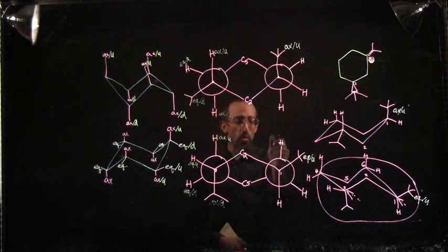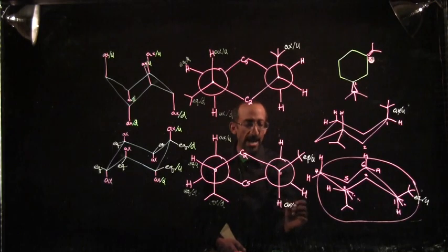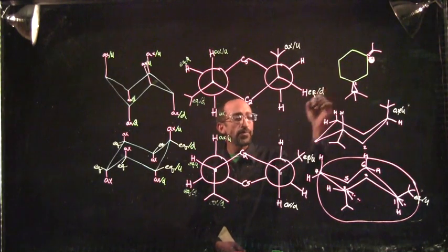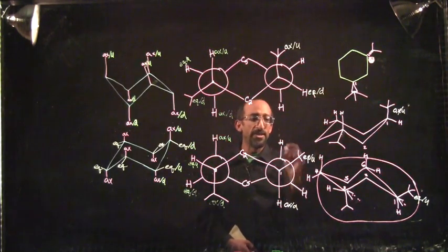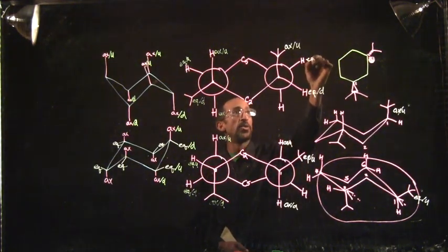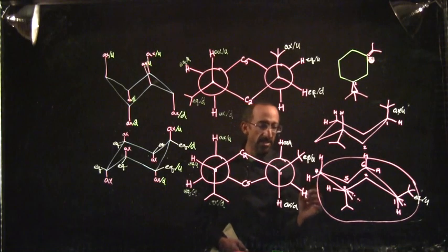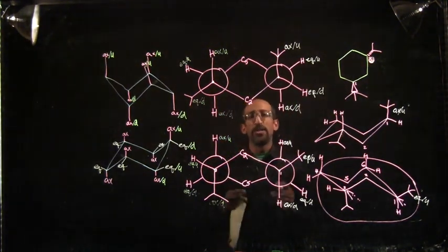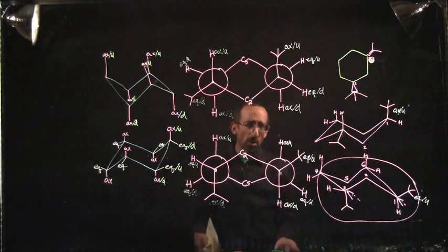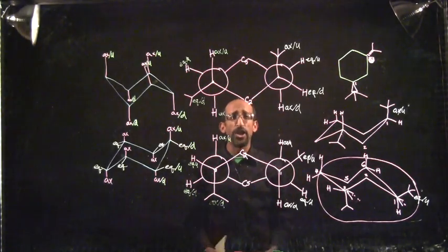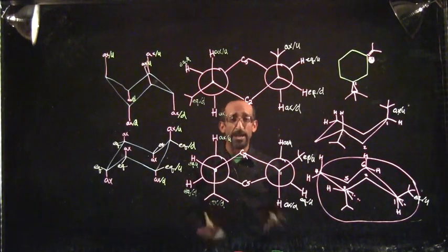Our hydrogen on carbon 1 moved from being axial down to being equatorial down. And then our hydrogens on carbon 6, we had axial up, which is now equatorial up, and equatorial down, which is now axial down. And so we see that a ring flip only changes whether a substituent is axial or equatorial. It doesn't change whether a substituent is up or down.